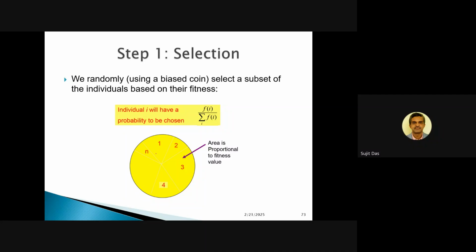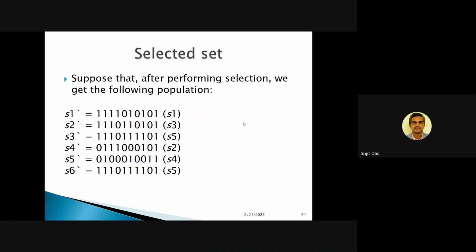That is the same thing we have applied in this roulette wheel selection. So if you do that, after implementing natural selection, what will you get? Just check what we are getting.